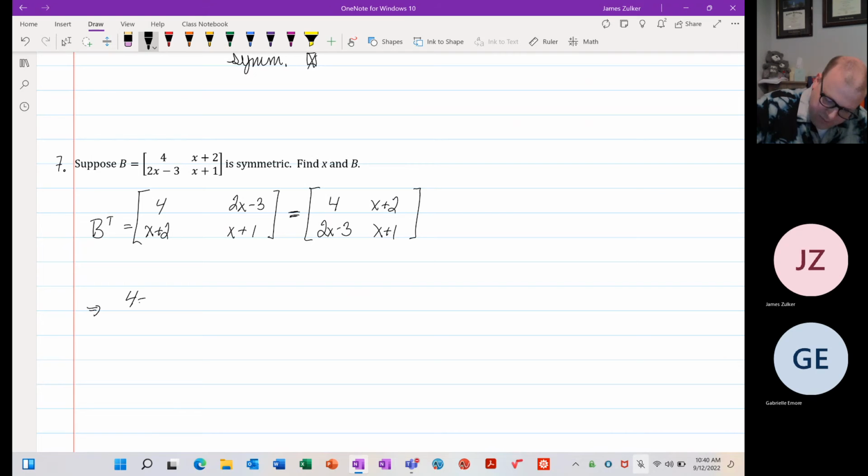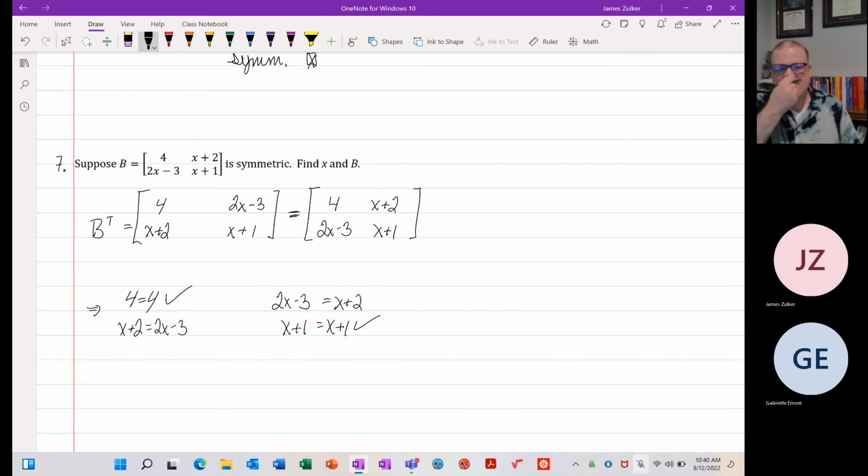This means that 4 is equal to 4. Well, that's good. X plus 2 is equal to 2x minus 3. 2x minus 3 is equal to x plus 2, and x plus 1 is equal to x plus 1, right? So those check out.